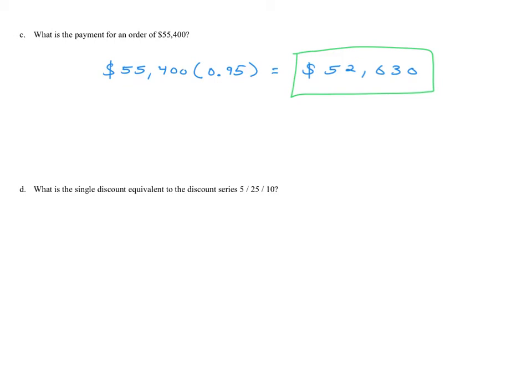The way to figure this out is to look at each of these values, subtract them from 1, which gave us 0.95, 0.75, and 0.90, and take the product of those things. I'll do that in my calculator: 0.95 times 0.75 times 0.90.